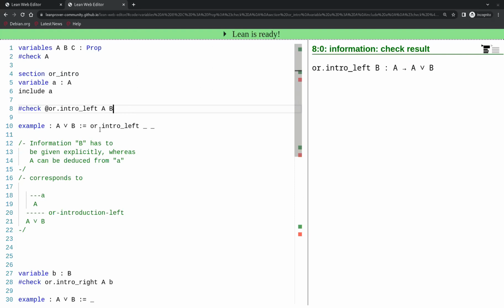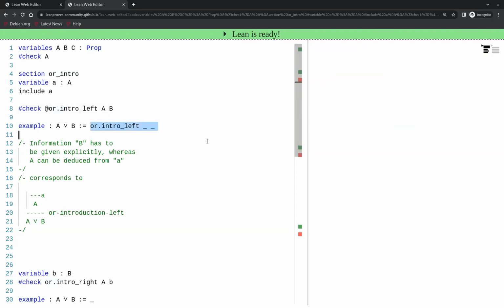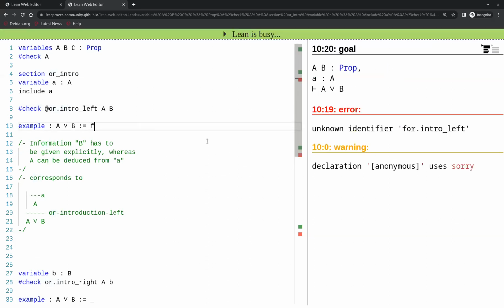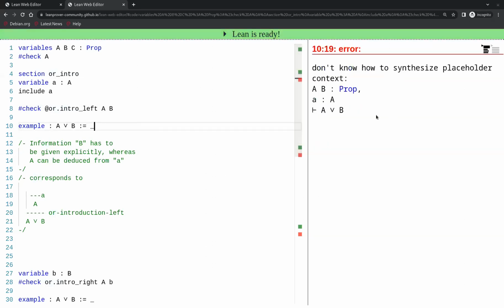What does this look like when we are in the middle of an interactive proof, say, and our goal is to prove A or B?